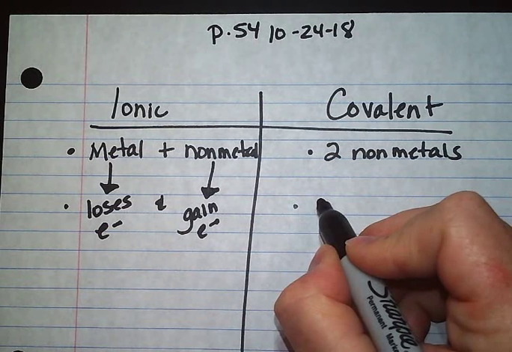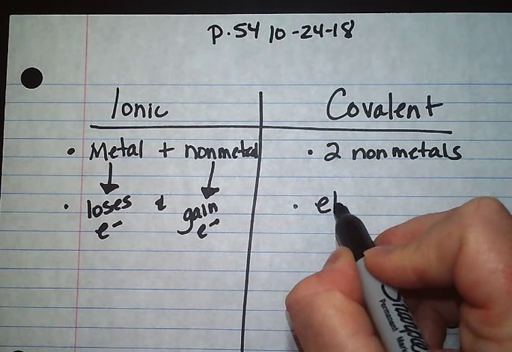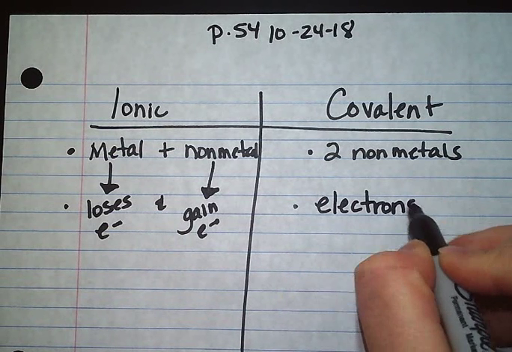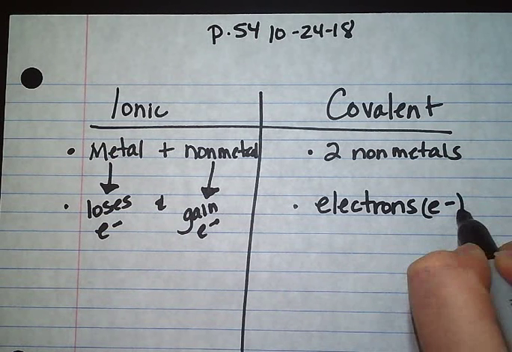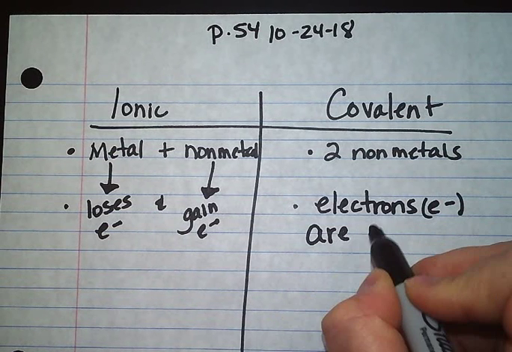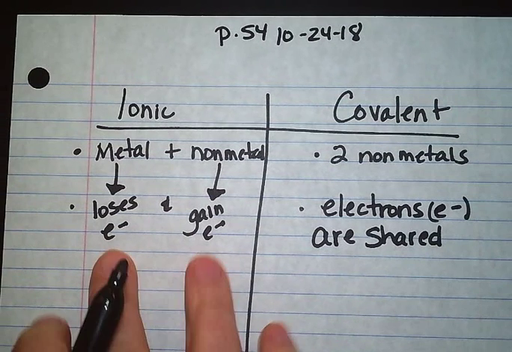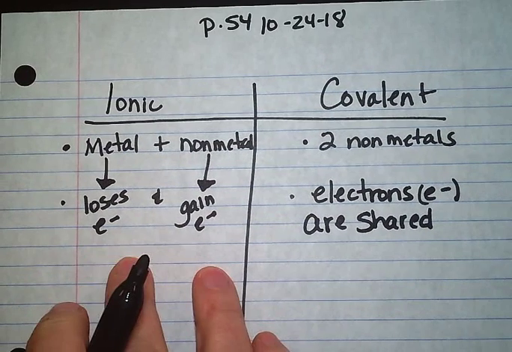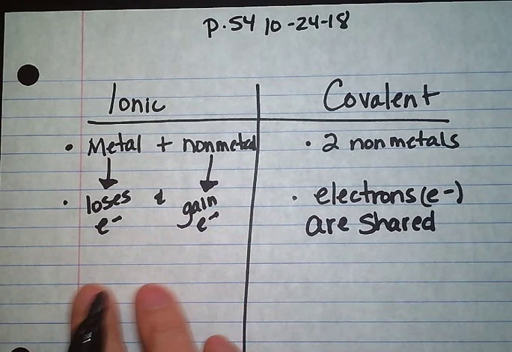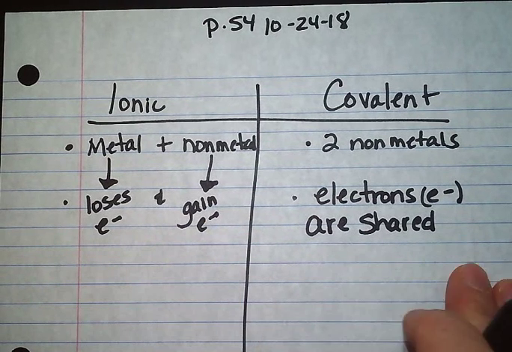These electrons are being shared. Remember, electrons is my e negative, are shared. So over here, you've got one losing and one gaining, and they're going to become oppositely charged. These guys are just sharing them, and nobody's going to become charged.